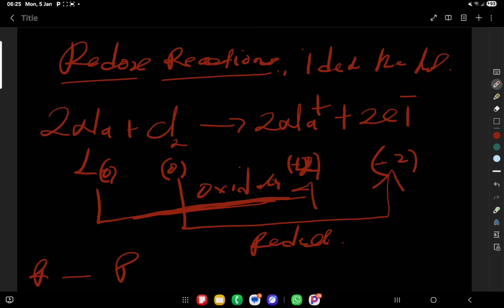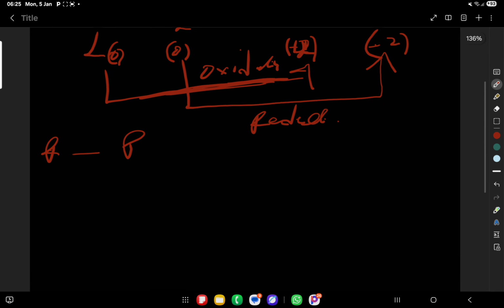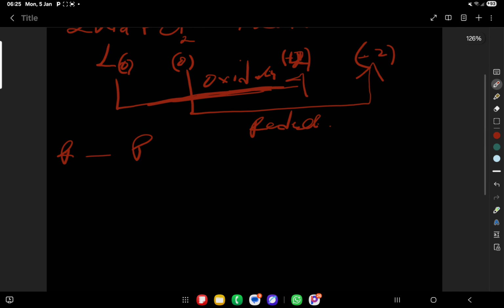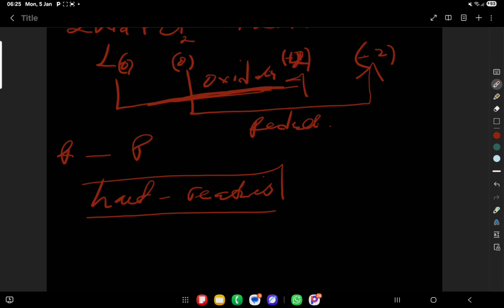Then we are going to copy these two equations. So half reactions are very simple. Use oxidation numbers, and go back to the rules that I gave in my previous video. In this case, we have the oxidation one: 2 sodium giving 2 sodium plus.